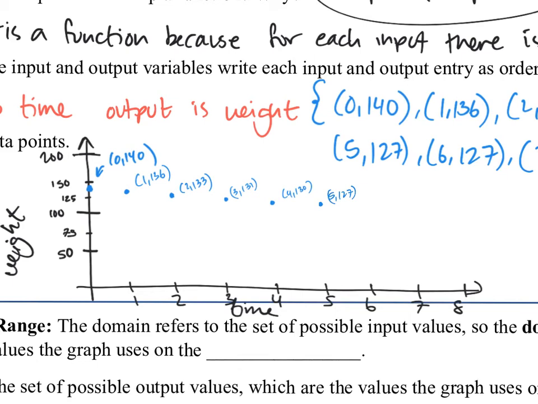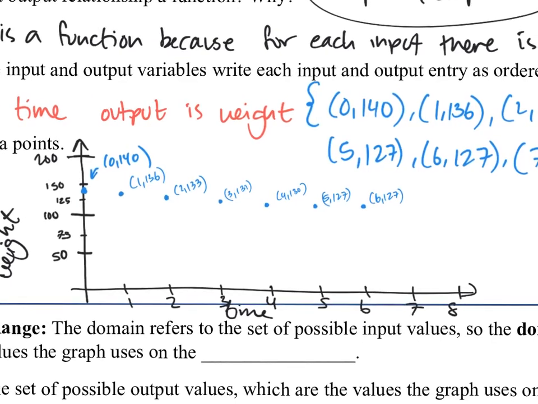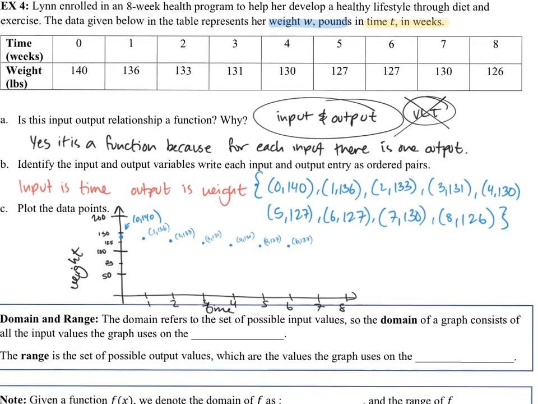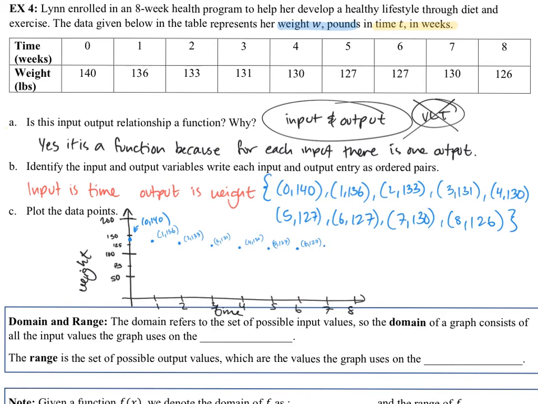Six is also 127, so plateaued there. 7 was back up to 130. And 8 was 126. So a very rough sketch of a graph.